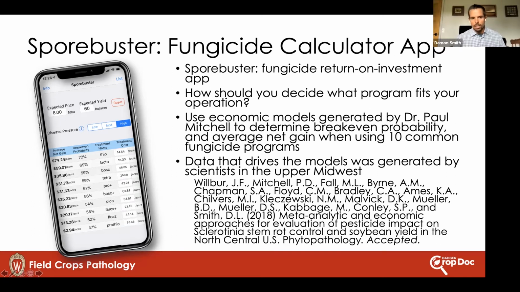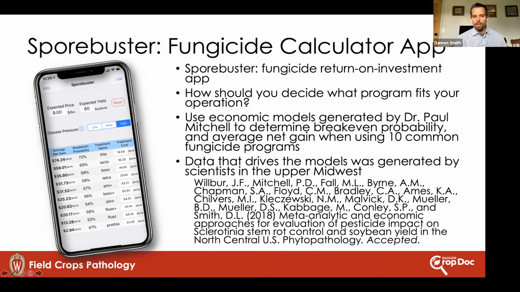We ask about that disease pressure situation here because we do change our average net gains and probabilities based on that disease pressure. If you click on the little eye here, you'll actually get a pop-up that gives you a visual of how bad the disease would need to be to fit those different categories. And then the list actually auto-populates to give you the average net gain and break-even probabilities, et cetera. And you can even go as far as getting local costs for treatments.